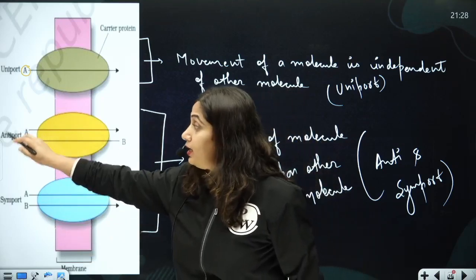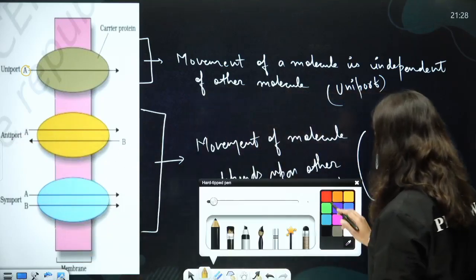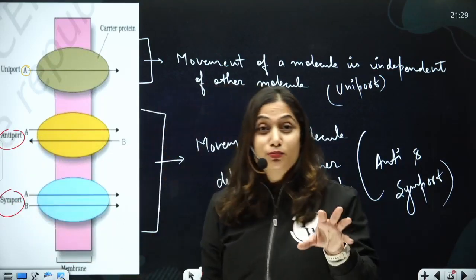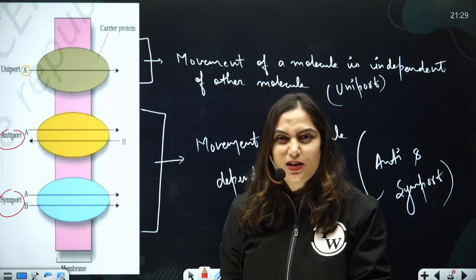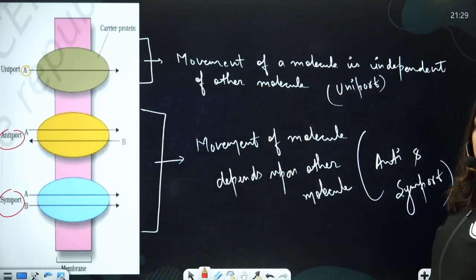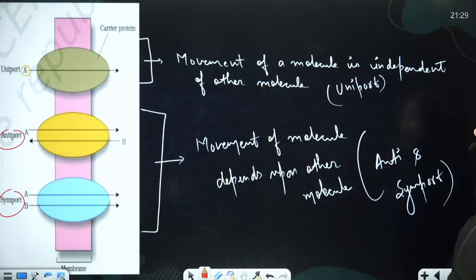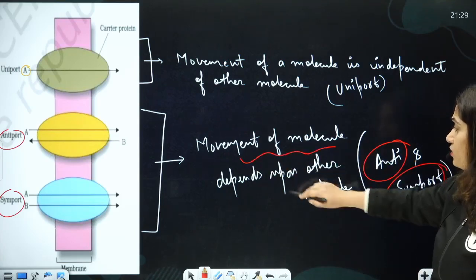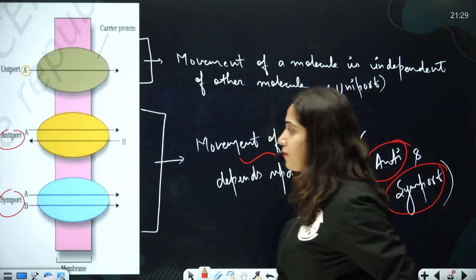But here in case of antiport and in case of symport, the movement of molecule is dependent on the other molecule, right? So in the first case, in uniport, the movement of molecule is independent of other molecule, but in case of antiport and symport, the movement of molecule depends on other molecule. What does that mean?